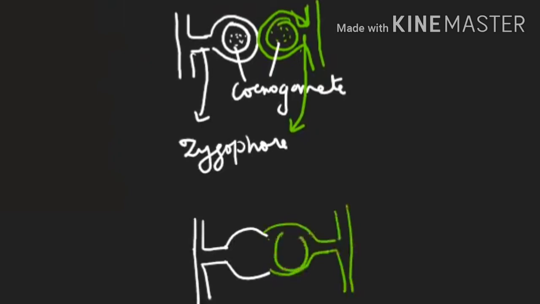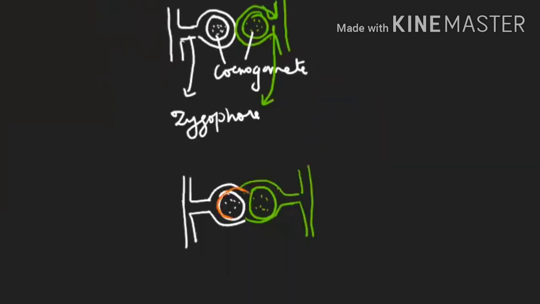This side coenogamete and this coenogamete are going for fusion. So they are making this structure, fusion is there. This structure with a thick wall is known as your zygospore.